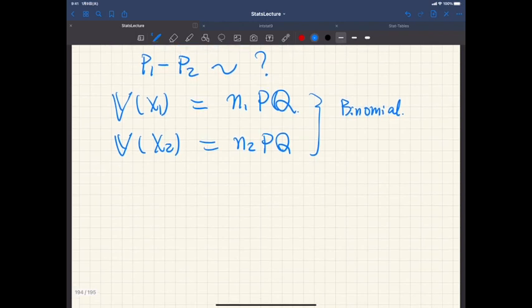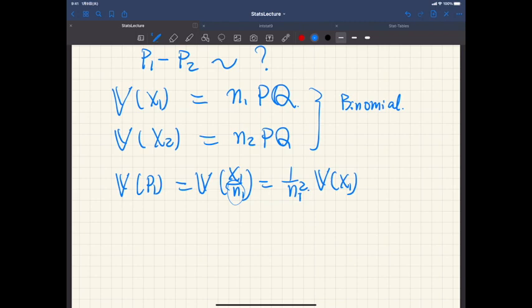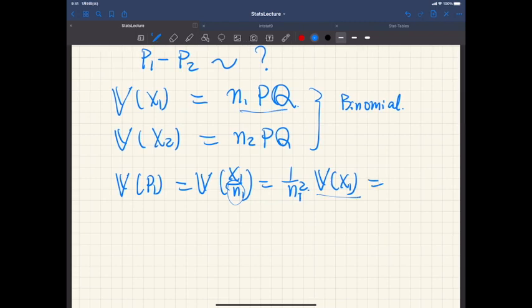So the variance of p1 is the variance of x1 over n1. In the case of variance, a constant comes out, but it's squared. The variance of x1 is n1 pq, so we substitute it.